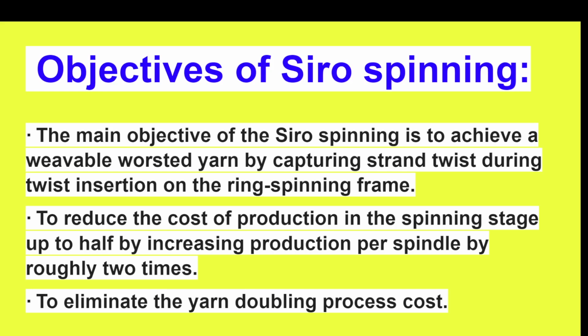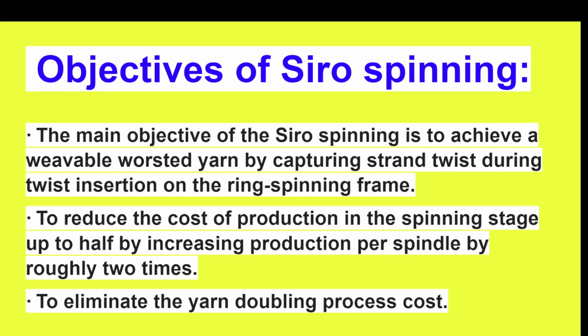When the yarn comes out of the front roller, both strands capture twist and the twist insertion system of the ring frame inserts the twist into both ends there.